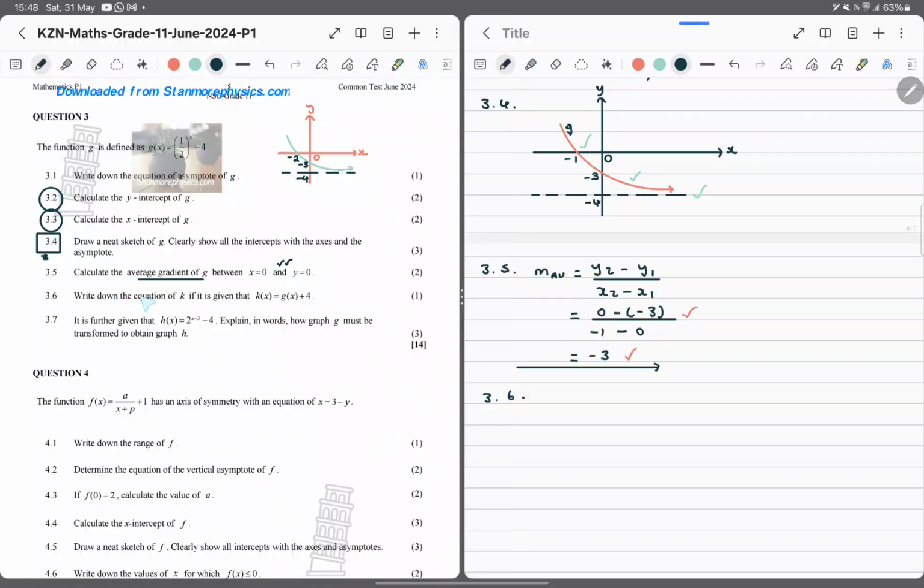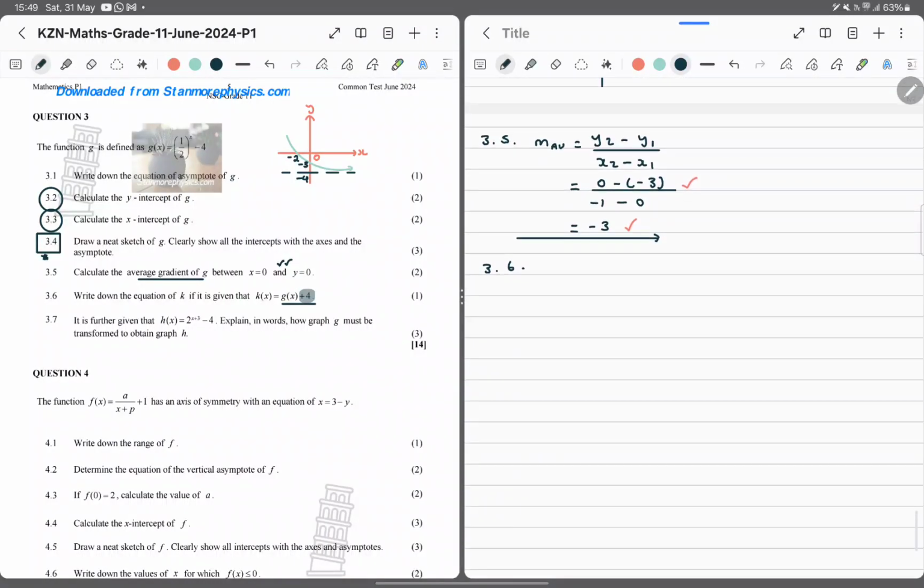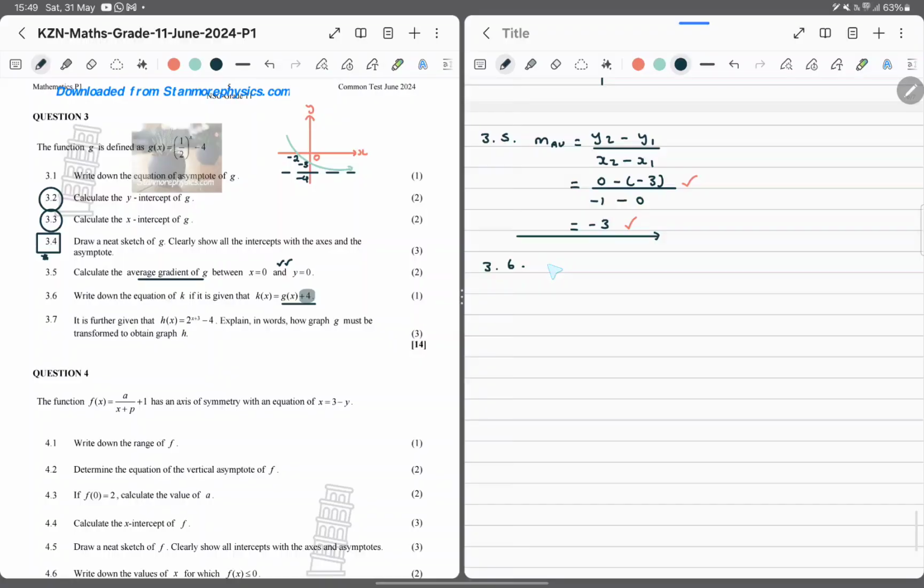All right, 3.6. We are asked to write down the equation of k if it is given that k of x is g of x plus 4, meaning we are moving the graph of g 4 units upward. So k of x is going to be a half to the exponent x.